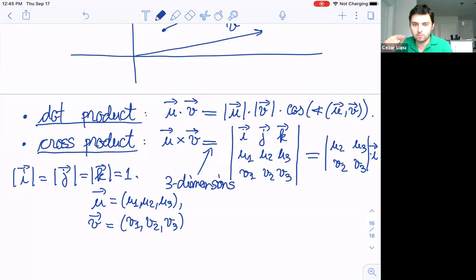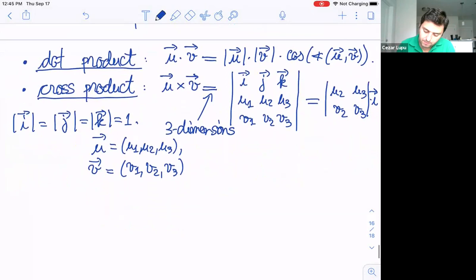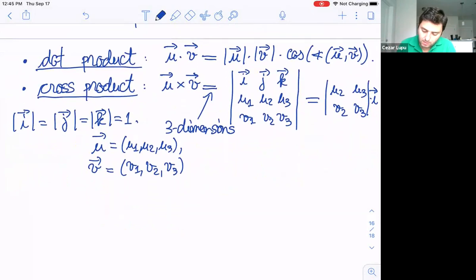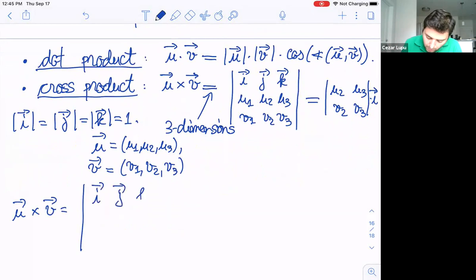They're just vectors of magnitude 1. Let me write here again u cross v, this is i, j, k, because at some point we will use this. You'll see where it comes from.